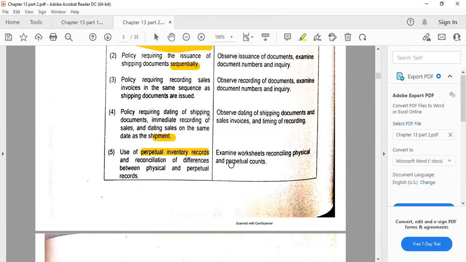Okay, when we use perpetual records, diba, every time there is a movement in inventory, it will be recorded in the system. So para makakompare ta expectation versus reality ba? If we use perpetual inventory records, we have an expected balance as shown in the system.